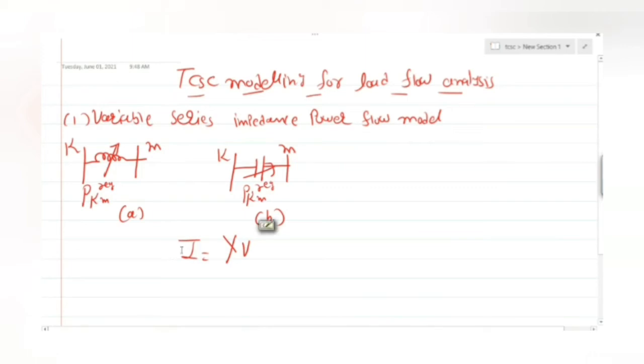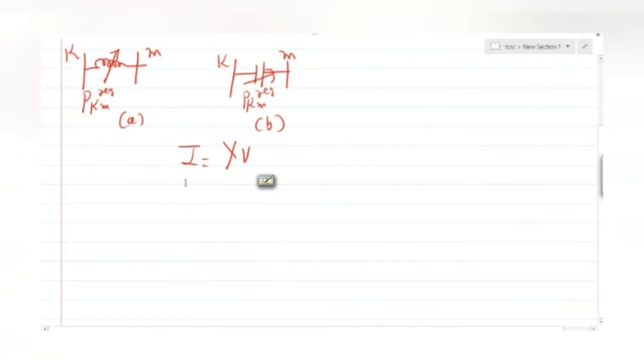From the basics, you know that Y equivalent is equal to G plus JB. Putting the value of Y here, you get I is equal to G plus JB into V. Here G is your conductance and B is your susceptance. But for load flow analysis we can consider only the imaginary part. Therefore our equation becomes I is equal to JBV, where B is your susceptance.